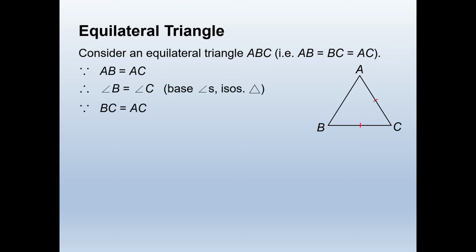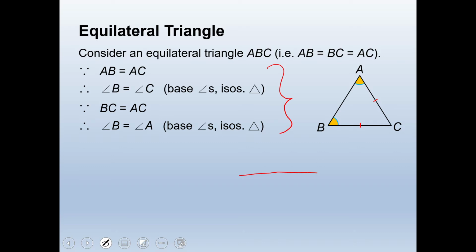If we take a look at the equal sides AC and BC, then we can also deduce that angle B equals angle A using the base angles of an isosceles triangle. Then we combine these two facts. Then we can say that angle A equals angle B equals angle C.